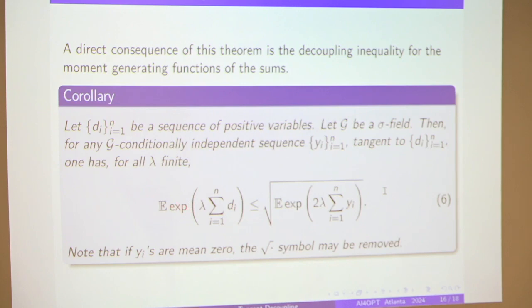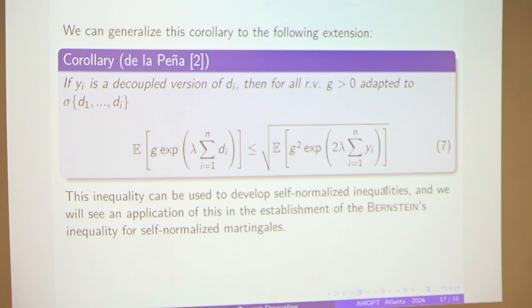The question is the most important thing. So he asked me a very important question. So my answer to that was this. I take a random variable which is non-negative, adapted to the d's, no matter what variable it is.